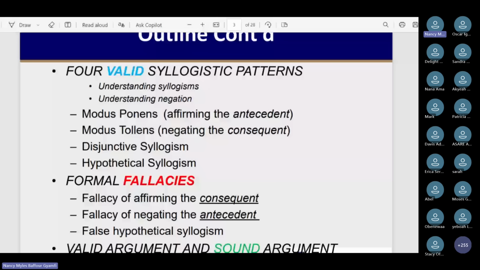The fallacies are fallacies of the form. There is a form, a pattern, a way of doing it that you have deviated from. So you have gone against the form. So it is a fallacy of the form. That's why we call them formal fallacies. You are not doing it the way you were taught to do the valid pattern.